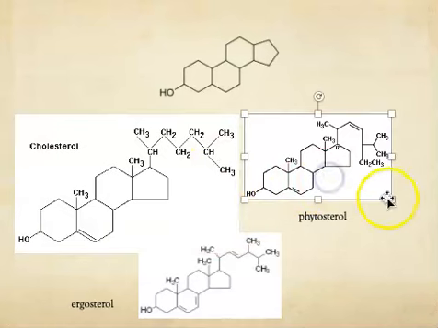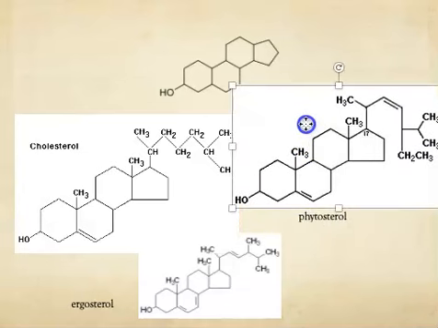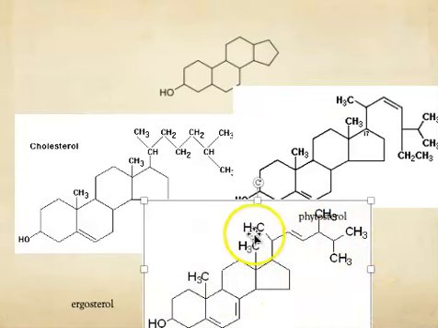If you compare that to phytosterol, you can see the 2 molecules are different from each other based upon these additional groups that are added on. You can still see the 4 rings of a sterol in the hydroxy group, but the additional functional groups that are added on make phytosterol different. And here's ergosterol down at the bottom with its unique chemistry.